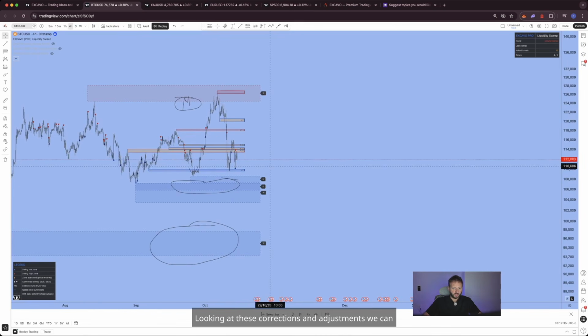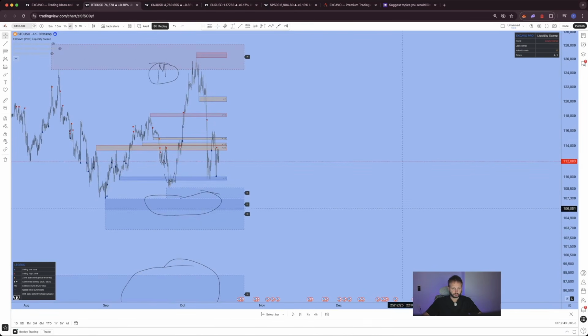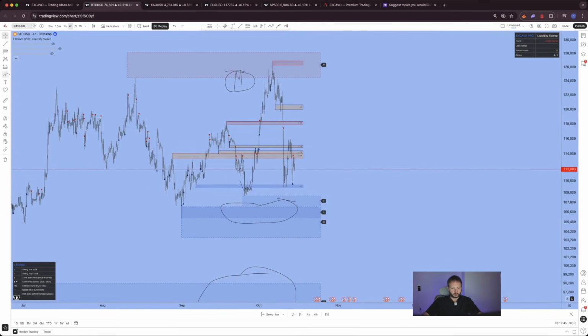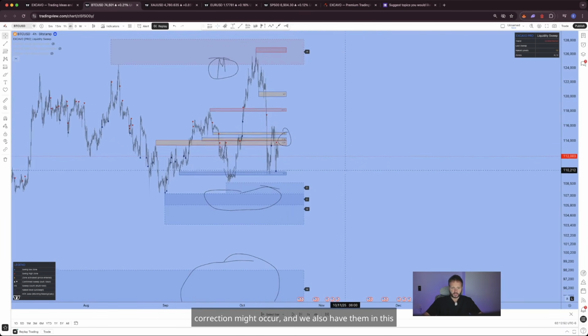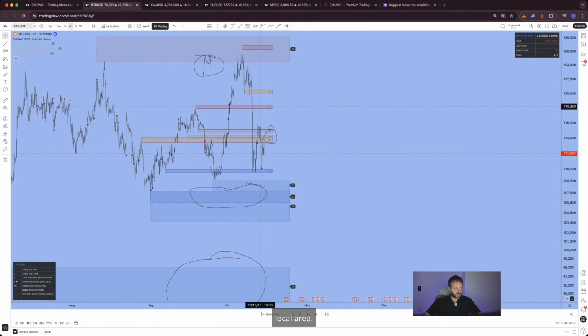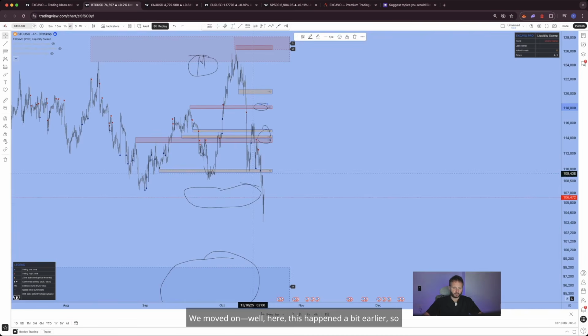Looking at these corrections and adjustments, we can clearly observe right here, there are these very interesting features. Boxes at 3418, but in general, these are the zones from which a correction might occur, and we also have them in this local area. And there's this kind of thing too. Let's keep watching. We moved on, well, this happened a bit earlier, so that's why it played out.